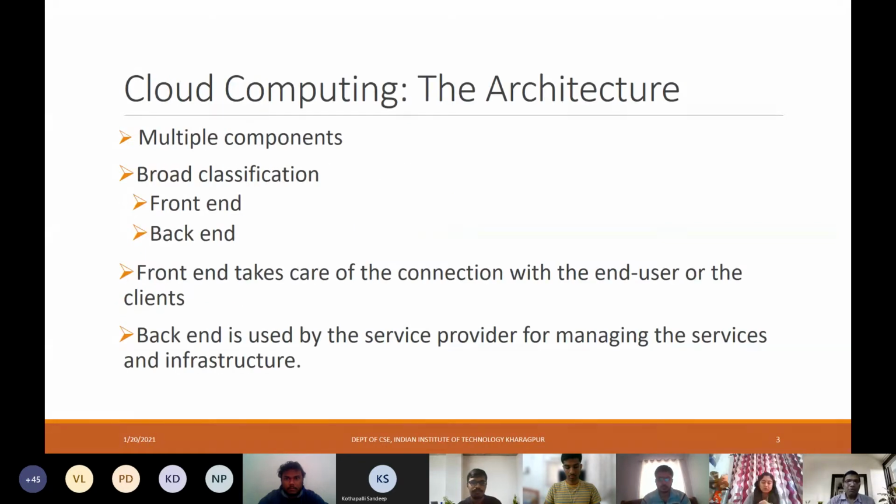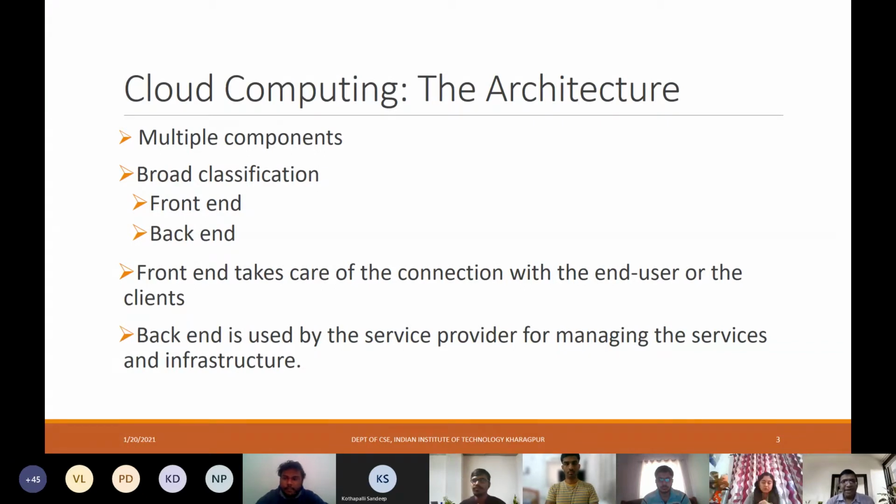When we talk about cloud computing, cloud has the front end as well as the back end. So we'll look at both the front end and the back end architecture. Front end is the one which interfaces with the end users or the clients, and back end is anything behind what the users do with the interface.